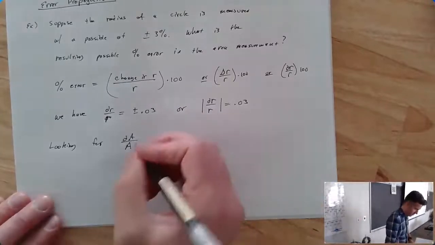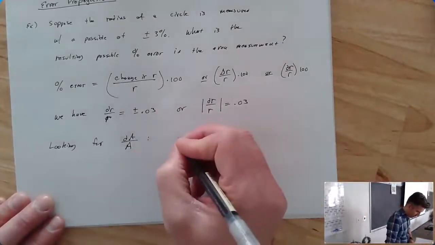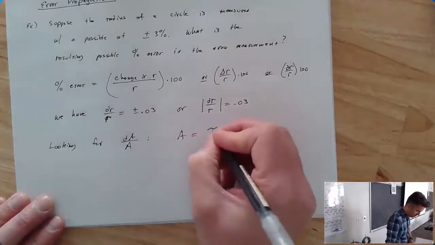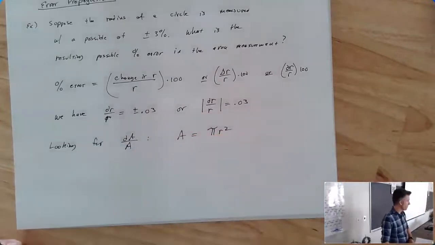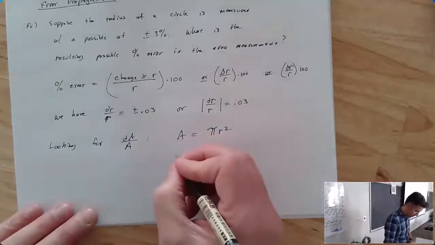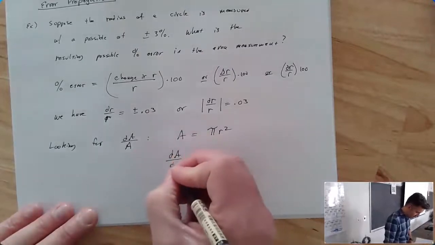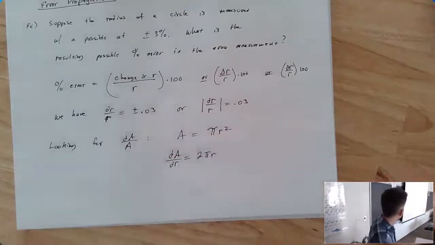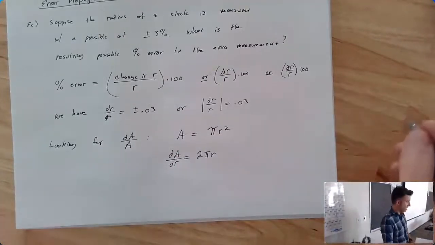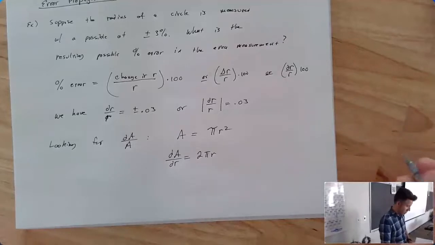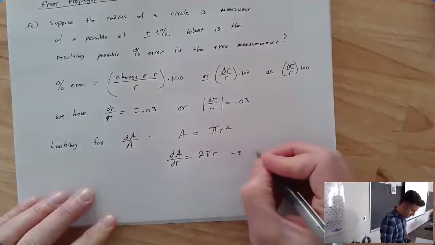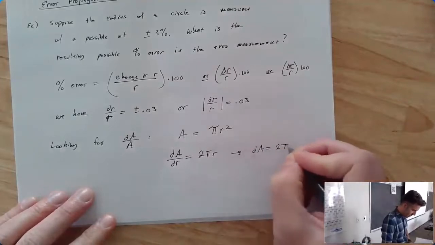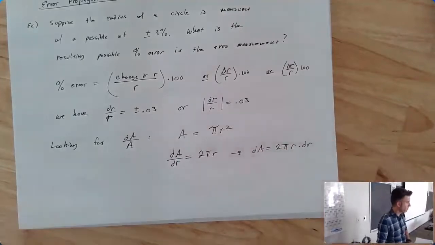We know the area of a circle is pi r squared, and we can find the derivative dA/dr equal to 2 pi r. But what we really want is dA divided by A. So I'm going to say dA is equal to 2 pi r times dr.